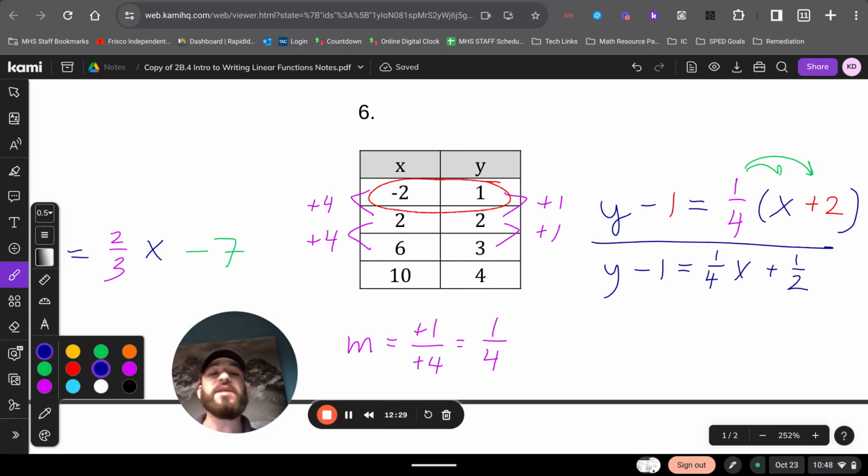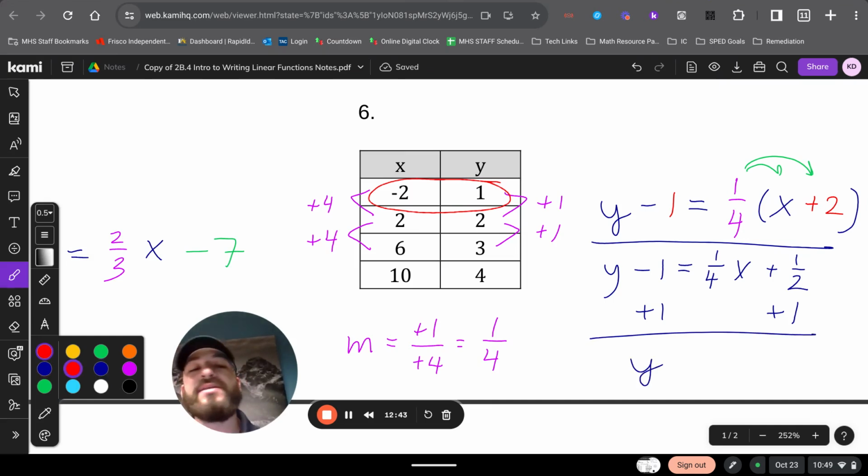Okay, and then from here, see how I have that -1 still hanging out with my y? I just need to get that to the other side. So adding 1 to both sides, +1 and +1. That -1 and +1 are going to cancel out, which would leave me with y on its own, equal to 1/4 x.